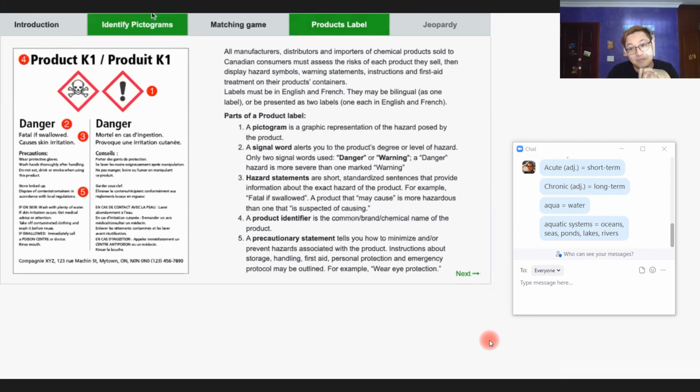Because they only suspect it of causing something, it's not proven true, and may cause actually is more hazardous. It's like a different level. The lowest is suspected of causing, then level 2 is may cause, and level 3 is when they have proven it already. So it's like danger. So there are different levels of hazard.